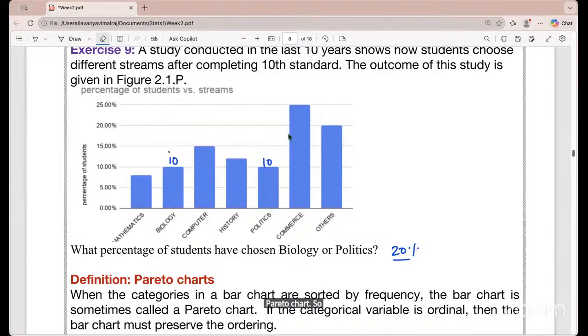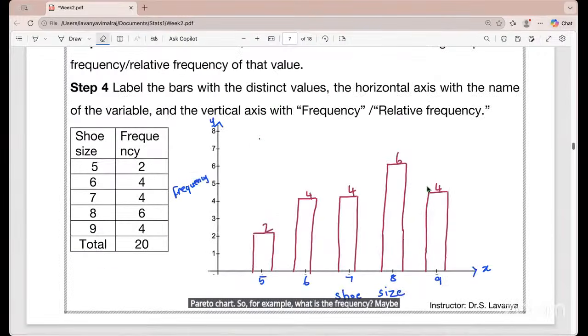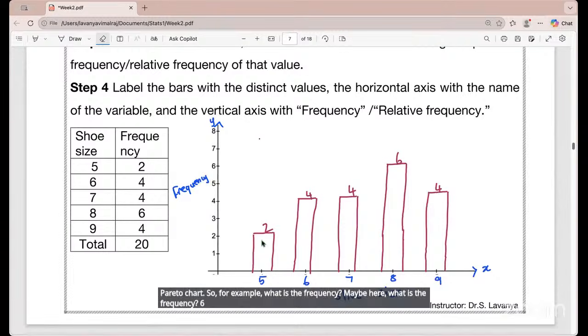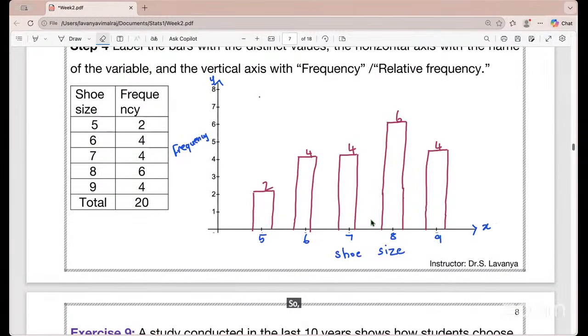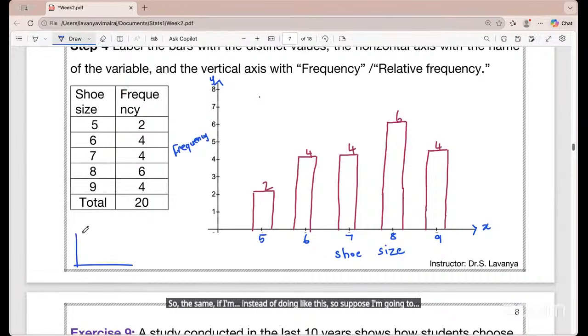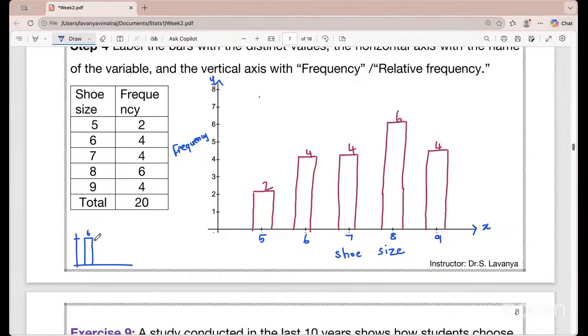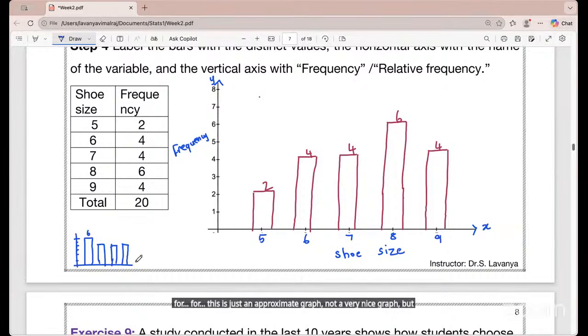So for example, what is the frequency? 6 and then 4, 4, 4 and 2. So instead of doing it like this, suppose I'm going to represent 6 first. And then I'm going to represent 4, 4. This is just an approximate graph, not a very nice graph, but anyway.